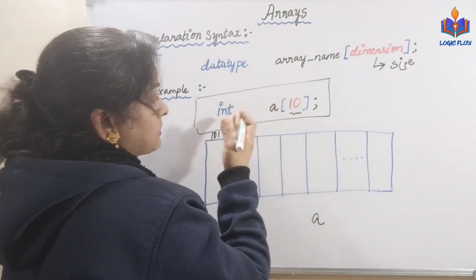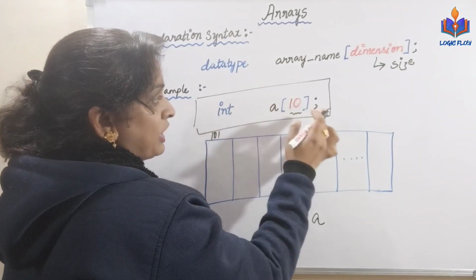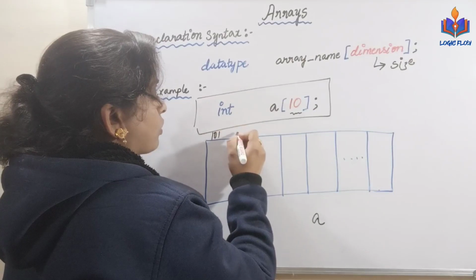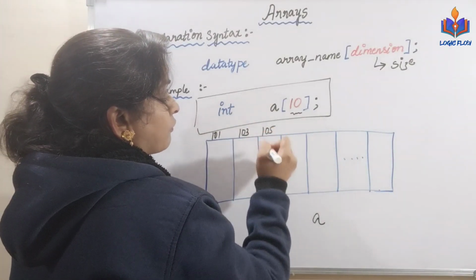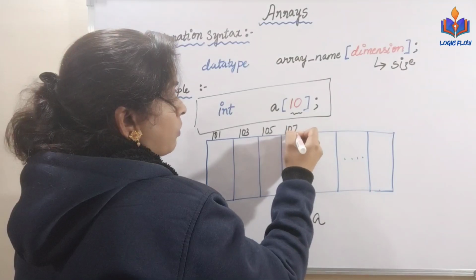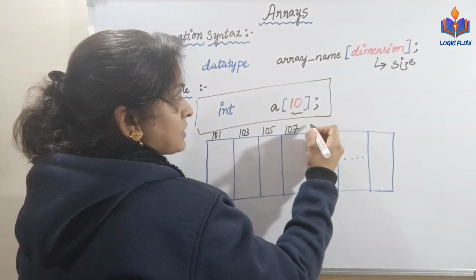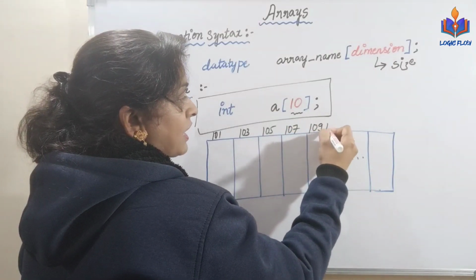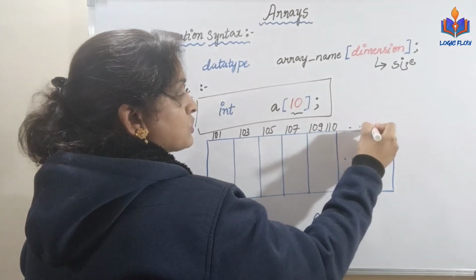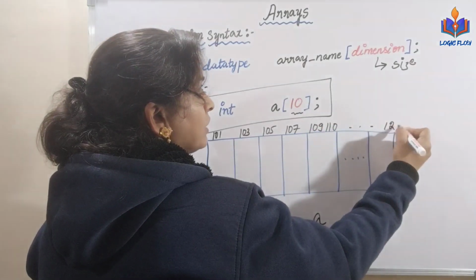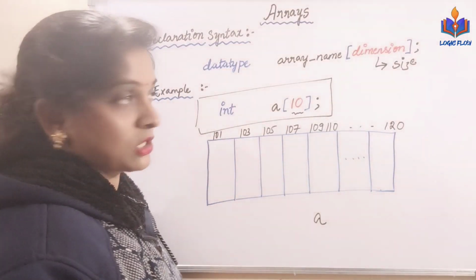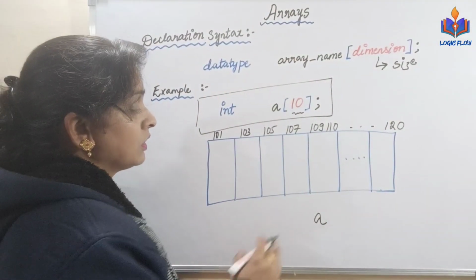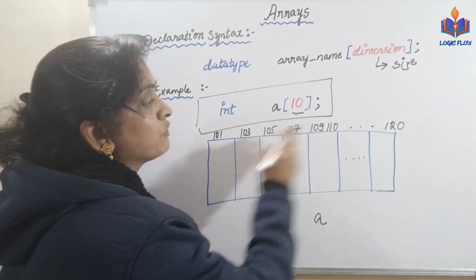Two bytes, because to store one integer value we require 2 bytes: 101, 102, 103, 104, 105, 106, 107, 108, then 109 and 110, and it goes on up to 120. Consecutive memory allocation.